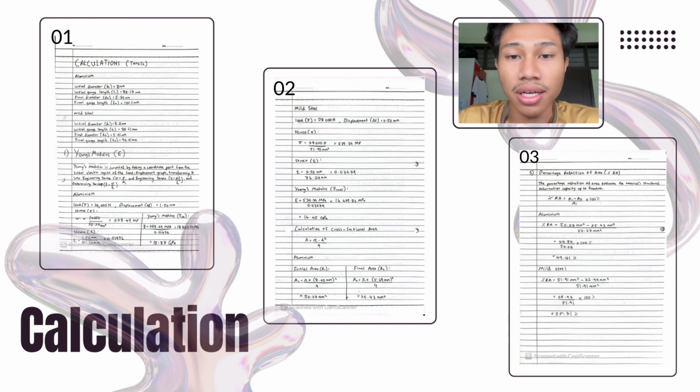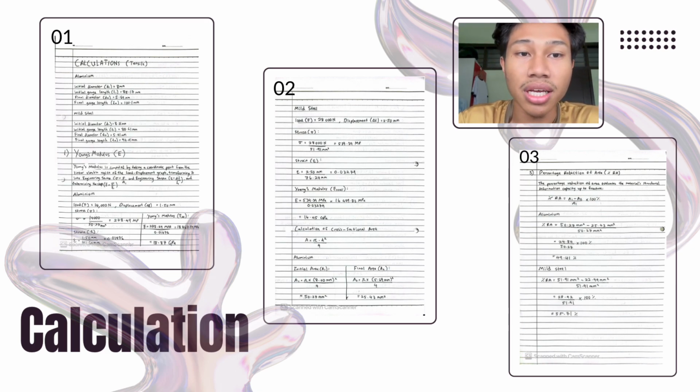After you get both aluminium and mild steel, you can also calculate the elongation for aluminium and mild steel. And lastly, you can calculate the percentage reduction of area.